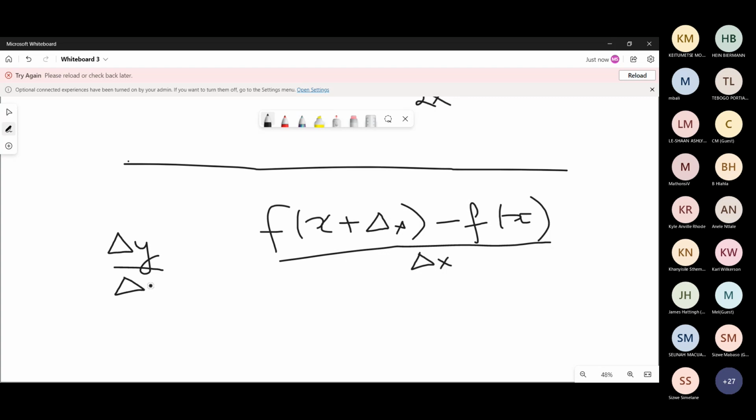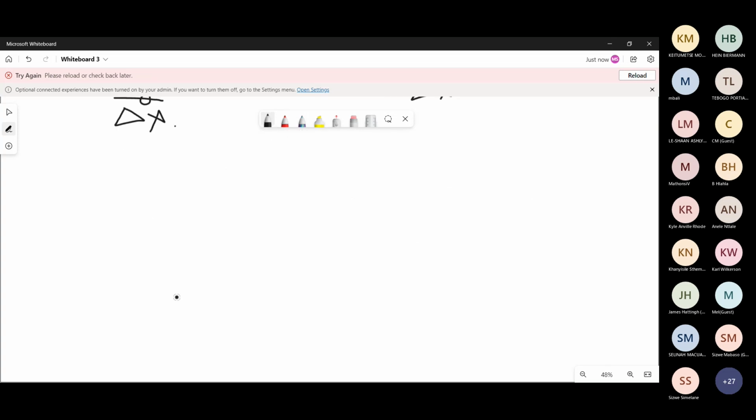y depends on x. Now, what will be this ratio when the change in x goes to 0? If this change is extremely small, maybe I can start with another example.